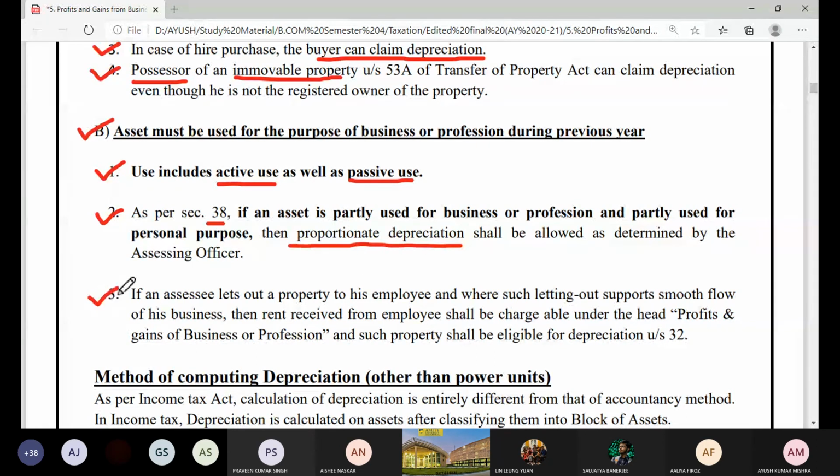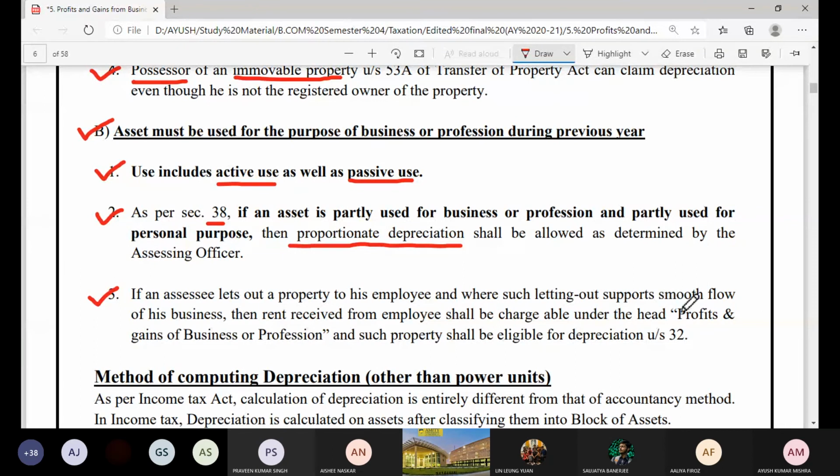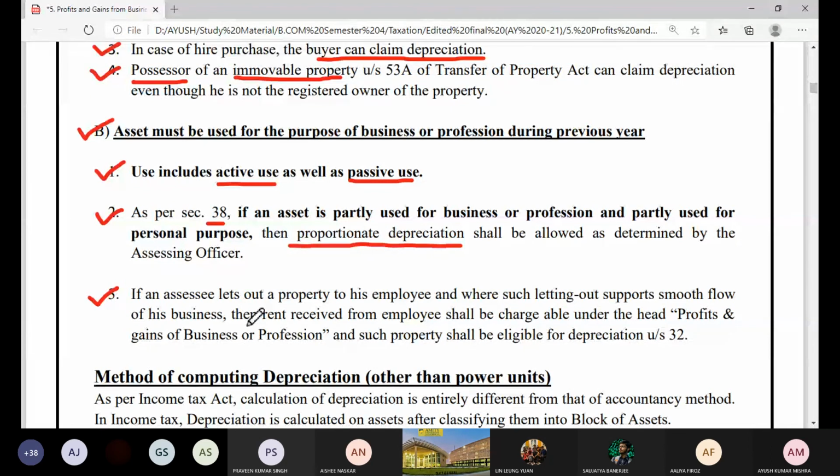Last, if an asset is let out, if the assessee lets out a property to his employee, whereas such letting out supports the smooth flow of business. We have already studied this part in our income from house property, that if you are an owner of a property and you are using the property for your own business purpose, the income from such property shall be charged under the head PGBP.